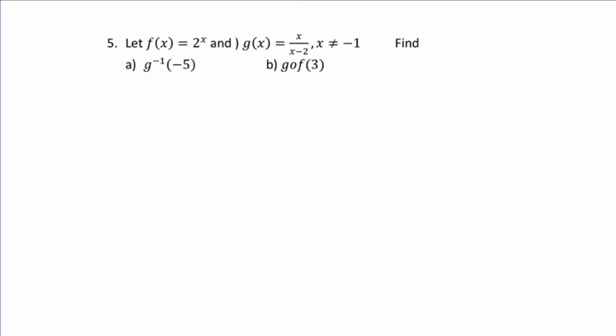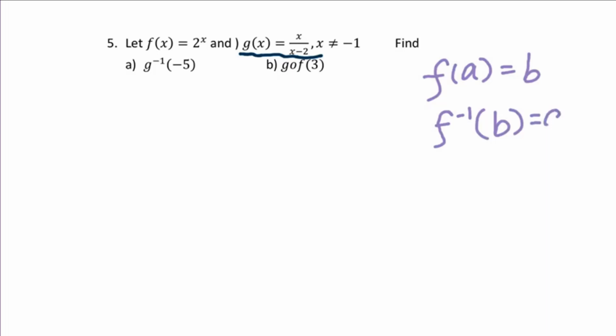For number 5, let f of x equals 2 to the x power, and g of x equals x over x minus 2, x not equal to negative 1. Find inverse g of negative 5. As we know, f of a equals b. In other words, it's the inverse f of b equals a. Therefore, when you have an inverse f, this number will be the y.